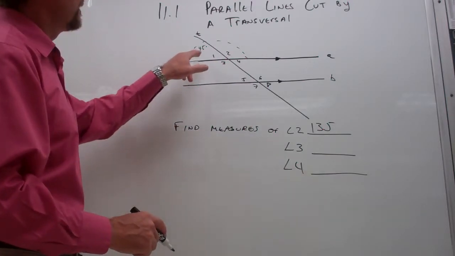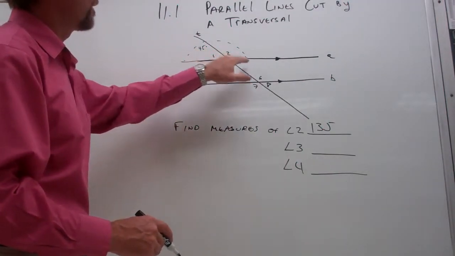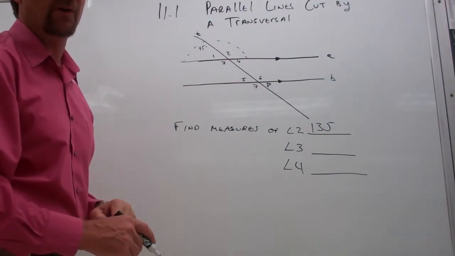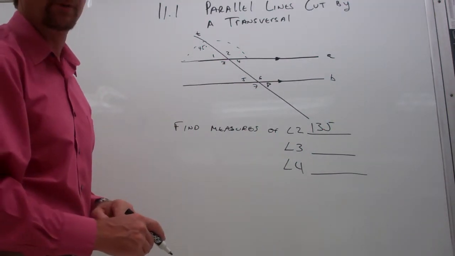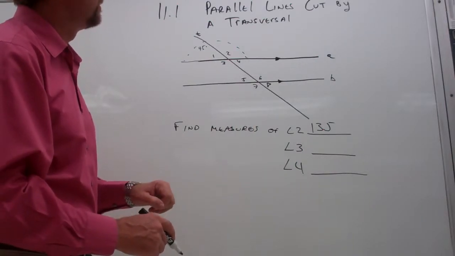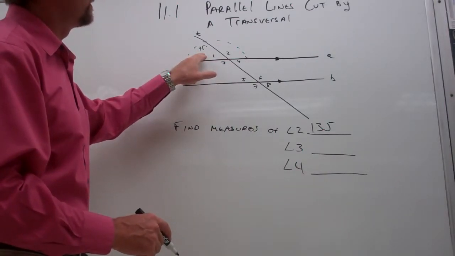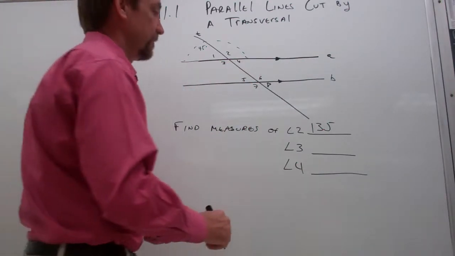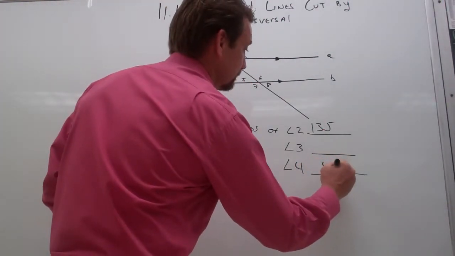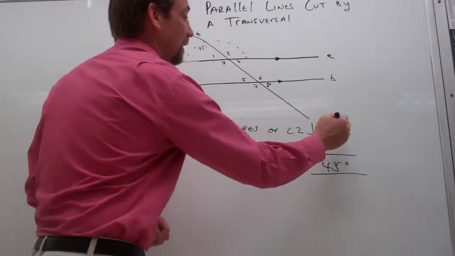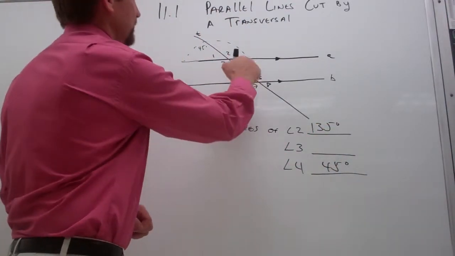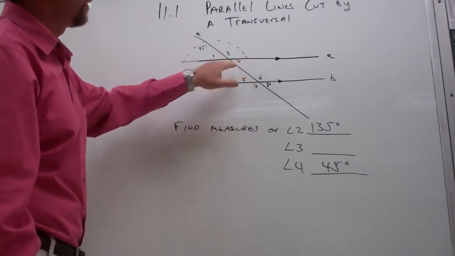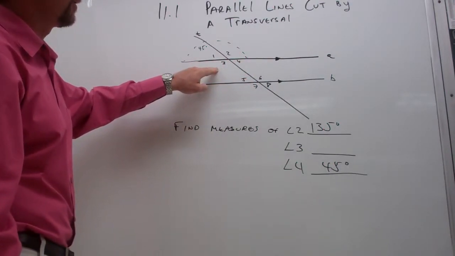And because angle 1 and 4 are vertical angles, and we recall that vertical angles are congruent, have the same measure, if angle 1 is 45 degrees, angle 4 must be 45 degrees. Now that we know angle 4 is 45 degrees, we can work backwards and say that 3 must also be 135 degrees.